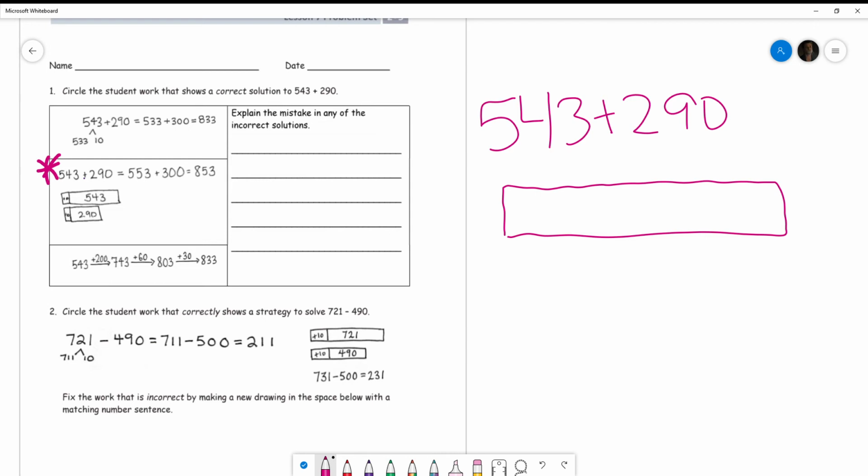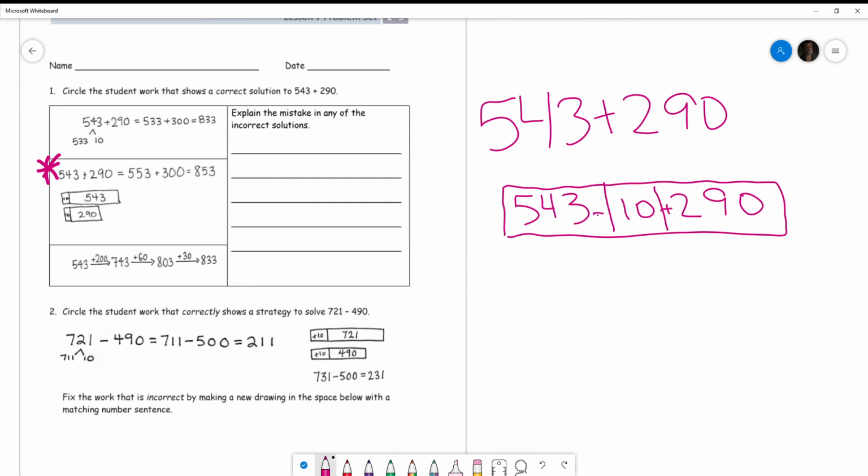So we're going to borrow 10 from the 543. So here we've got our 10, and here's our 290. We're taking away from the 543, and we're adding it to the 290. So you're subtracting here, and here you're adding.